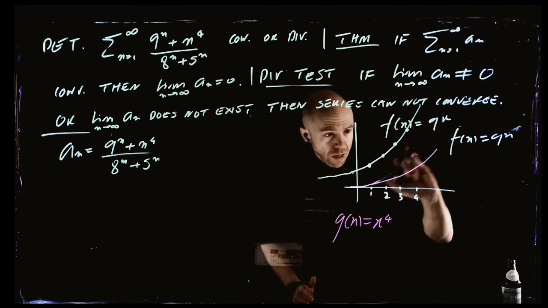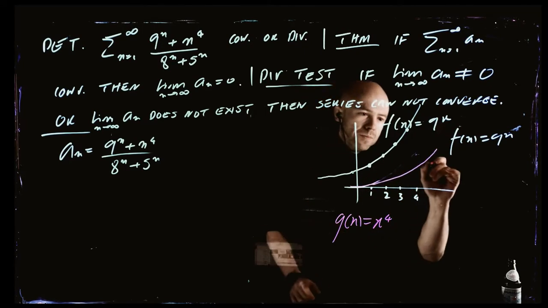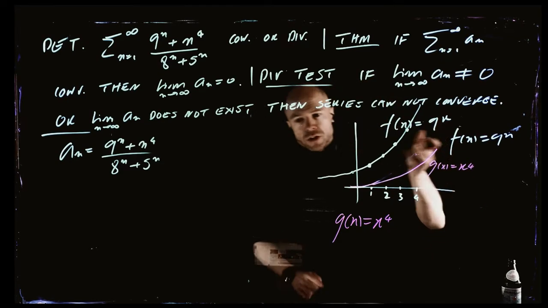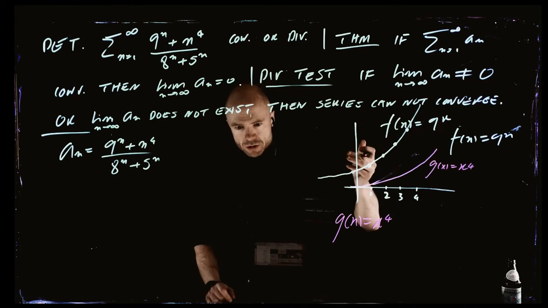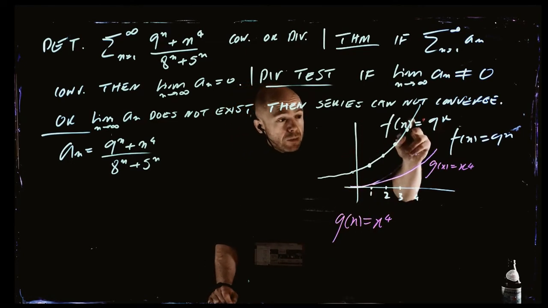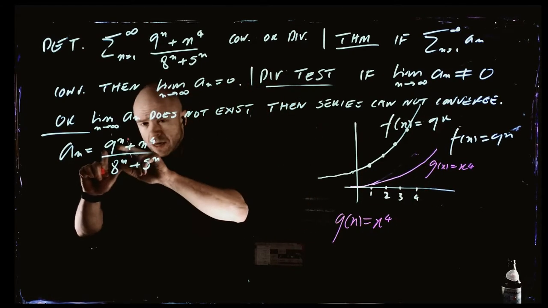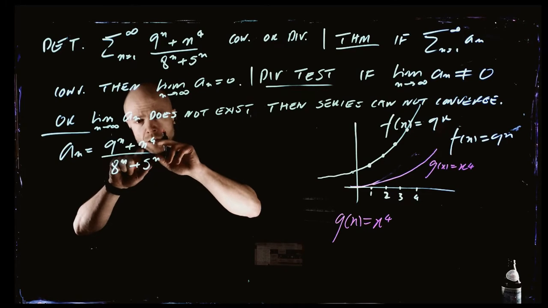That's all we're doing here. We're looking at this elementary function, g of x equals x to the 4, and this version of the exponential function. This exponential function is way, way above the other one, so the growth of this one completely dominates the growth of that one.